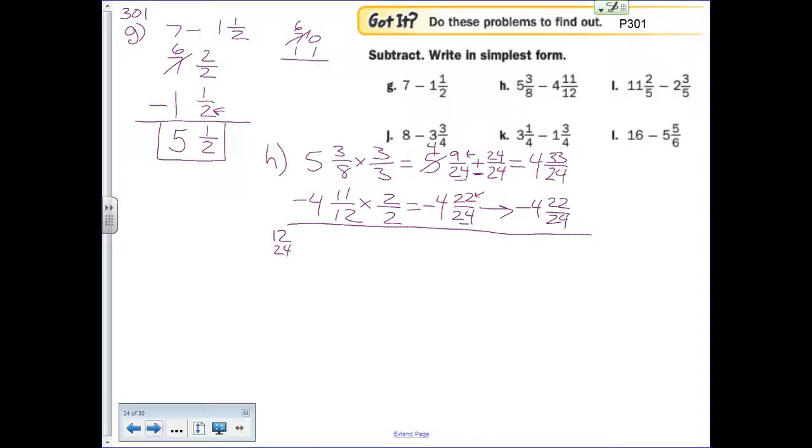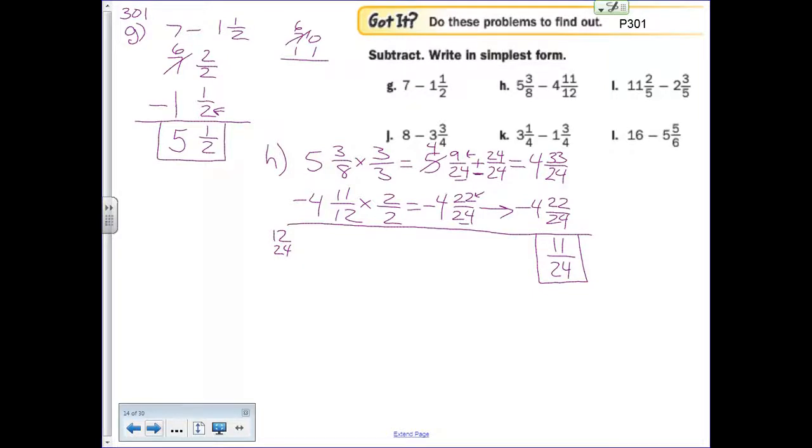I subtract my fractions because they are different signs, and 33 minus 22 is 11, which I put back over 24, and then 4 minus 4 is 0, so I'm done subtracting. 11 is a prime number and doesn't go evenly into 24. It's not improper, and it's not going to be negative. So my final answer there is 11/24ths.